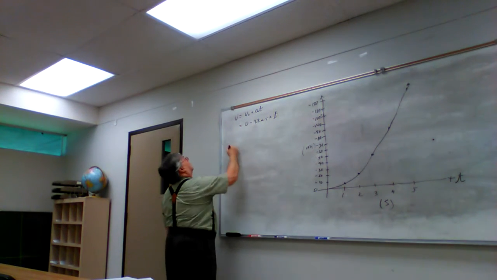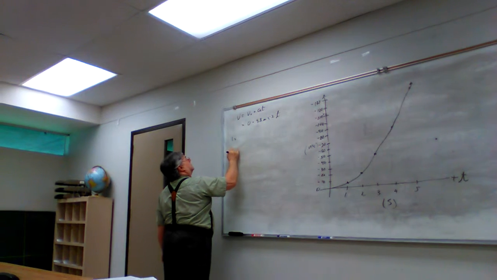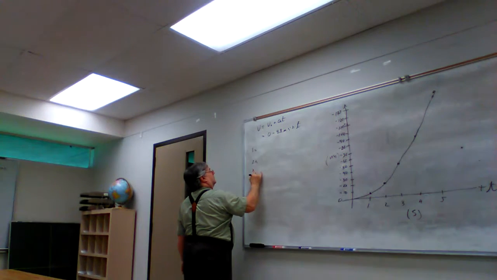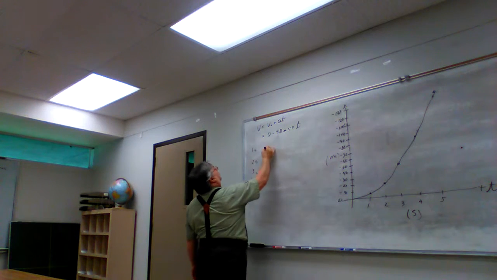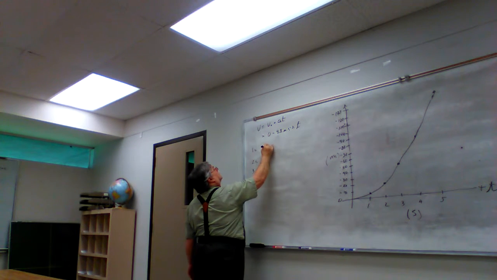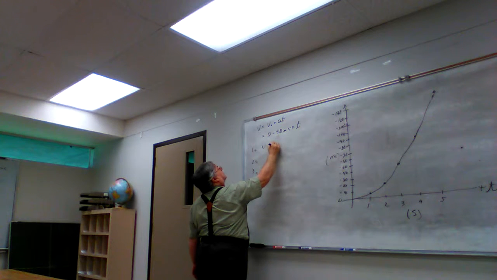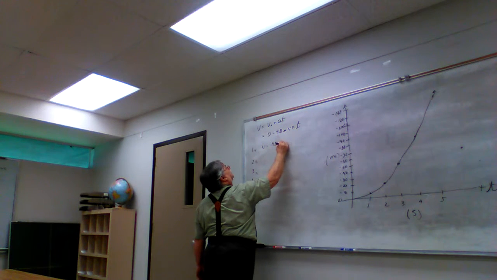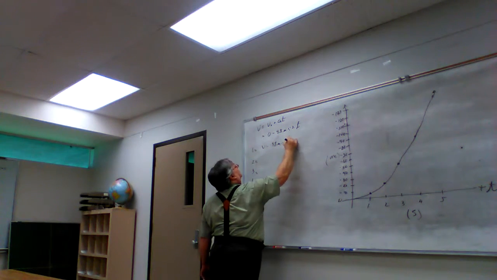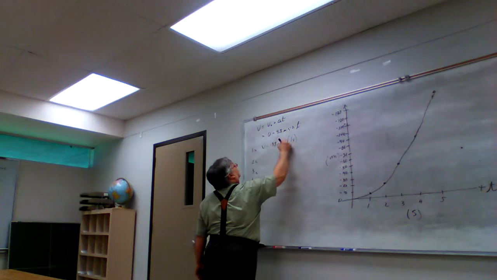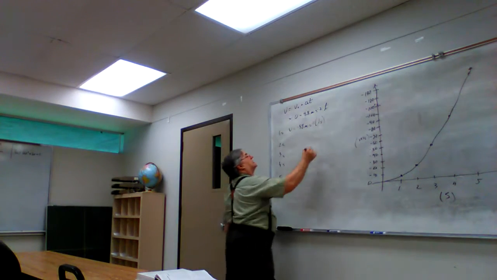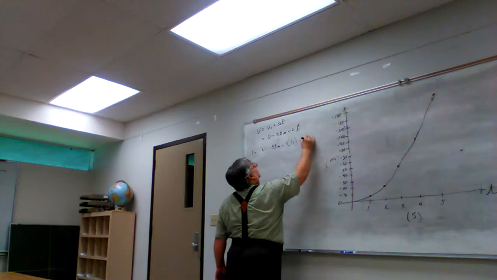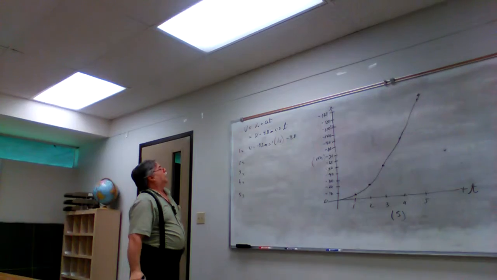So at 1 second, what is minus 9.8 meters per second squared times 1 second? Minus 9.8.